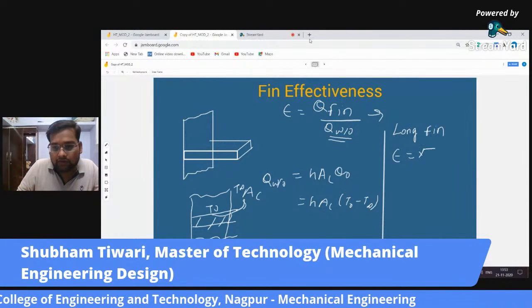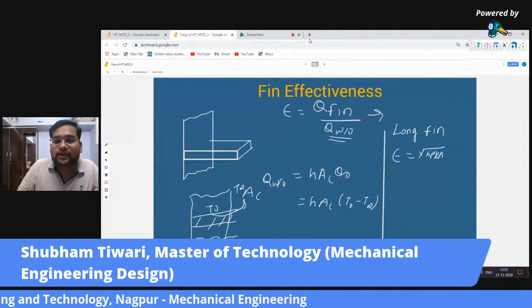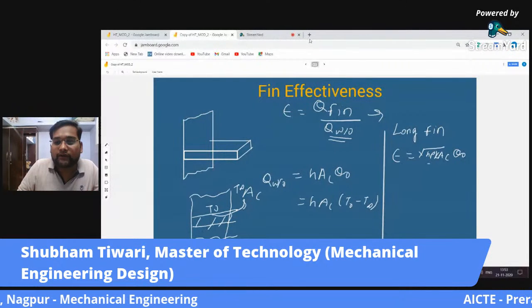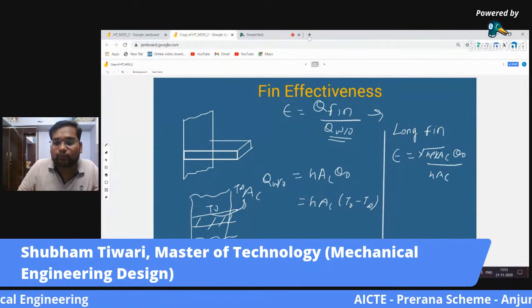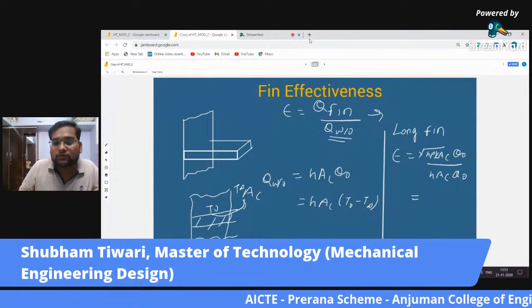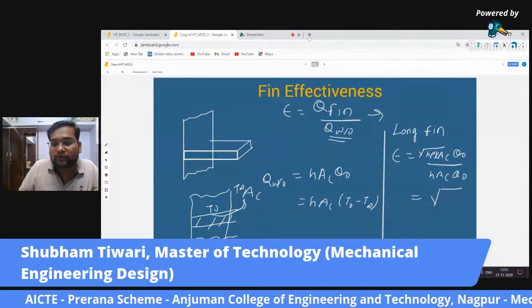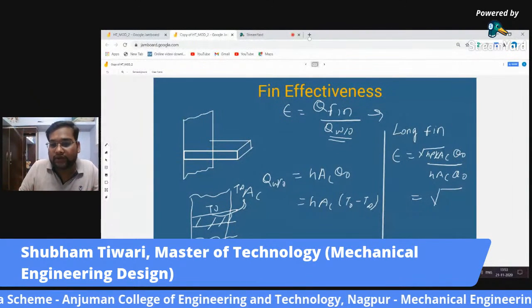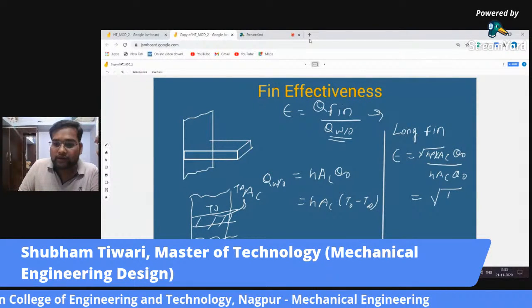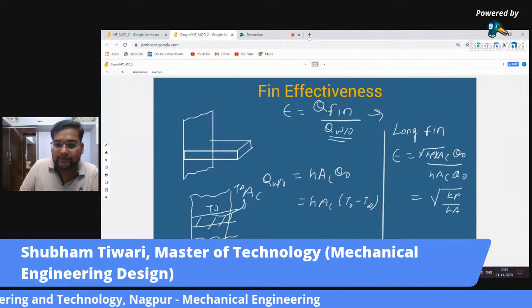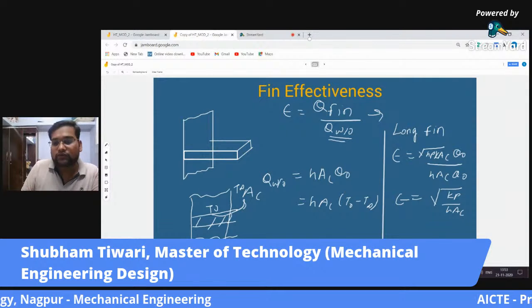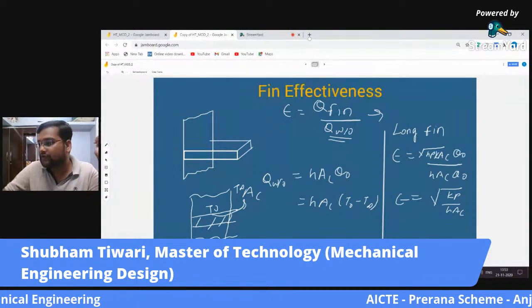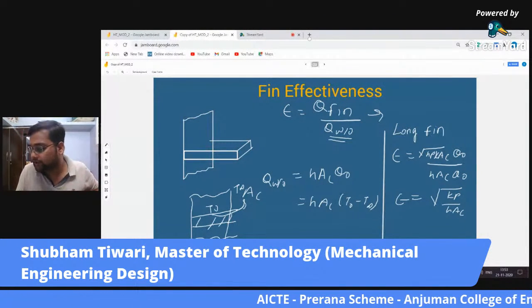It is under root HP KAC theta naught divided by HAC theta naught. Theta naught gets cancelled, and we are left with KP upon HAC. So this is the value of effectiveness, if I am not mistaken.